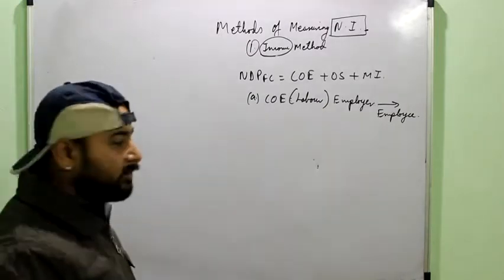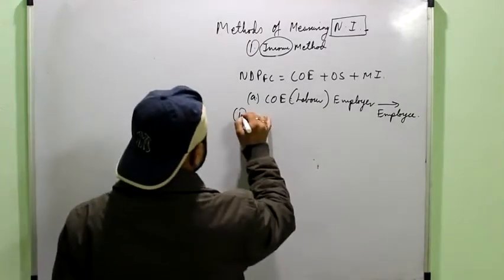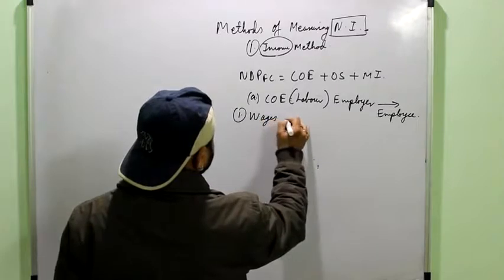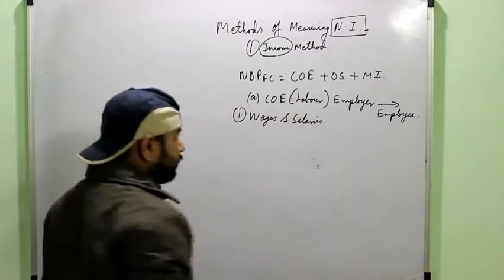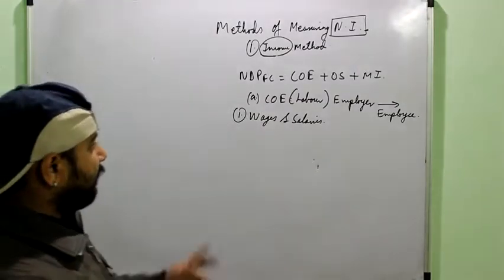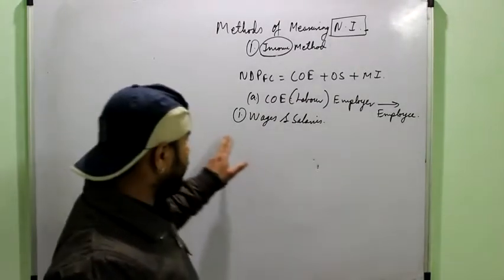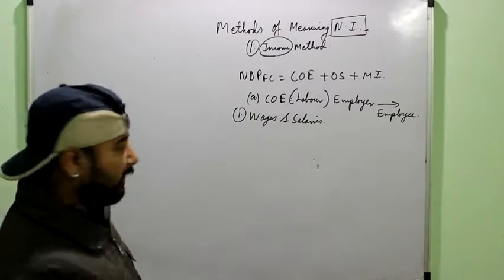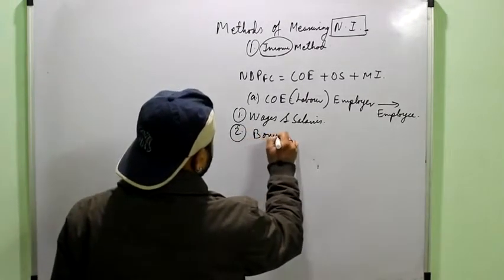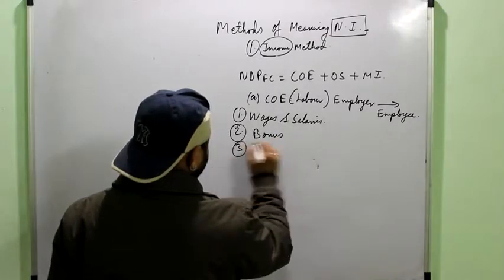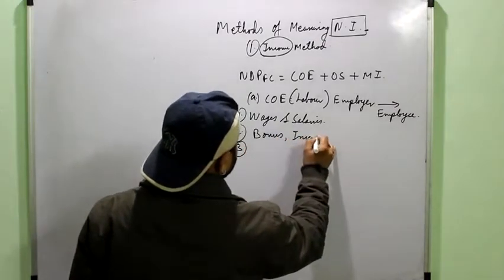It has certain components. The first and foremost is wages and salaries. Because any labor working for any firm or any employee working for any employer would first of all demand wages and salaries. Second is any bonus or incentives given to the employee.